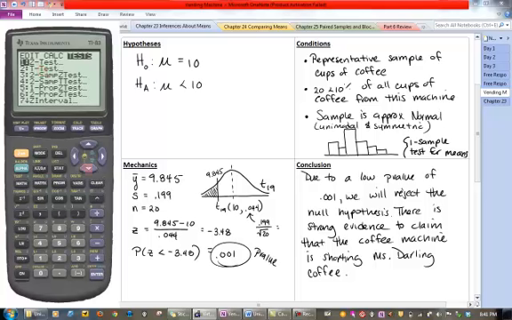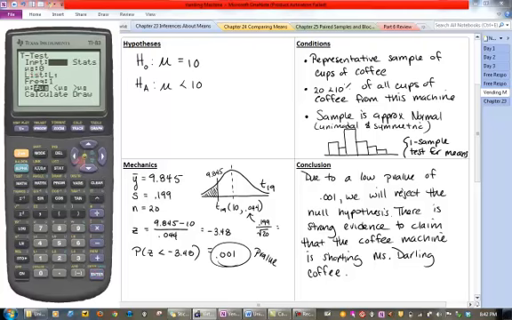So we're going to click down to number 2. And our input in this case is data. Okay, sometimes problems won't give you data, they will give you the statistics. So I'll show you actually what that looks like first. So if you were given the statistics, you would be given the sample mean and the sample standard deviation, and you would put those in there. But this time we actually can just read our data right in. So it'll save us a little bit of time.